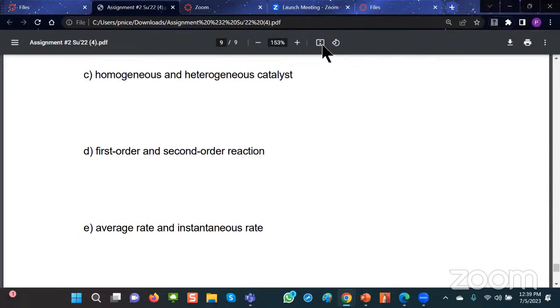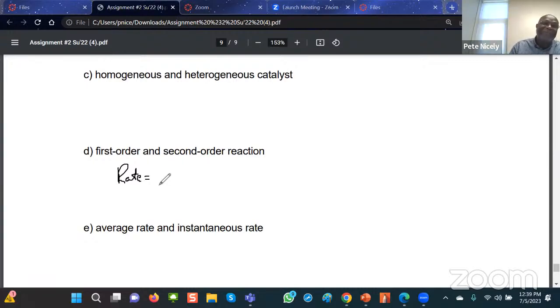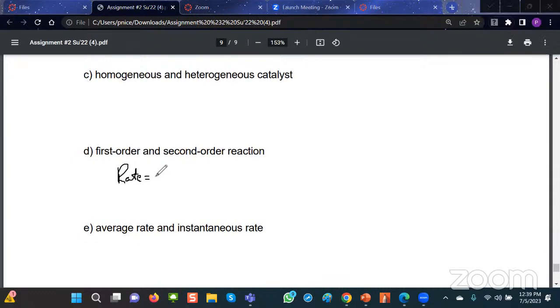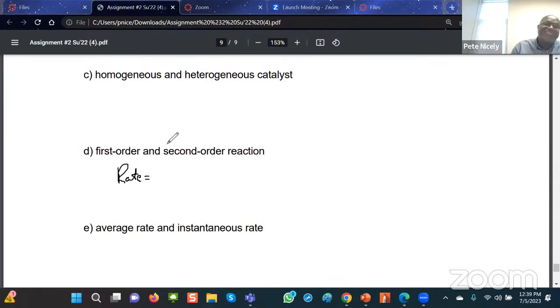I said that the rate of the first order reaction is equal to the concentration of reactant over the change in time, but yeah, what would that be? I think what you're talking about is a rate law, right? Okay, so what's a rate law for a first order reaction? Let's say the reactant is A, right? What would be the rate law for the first order reaction?